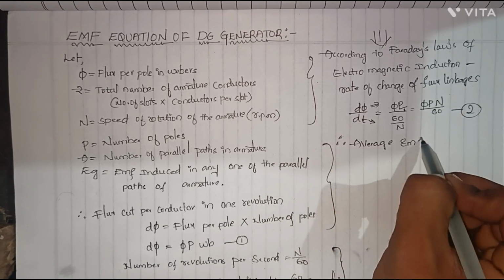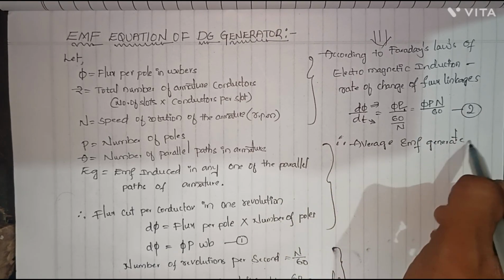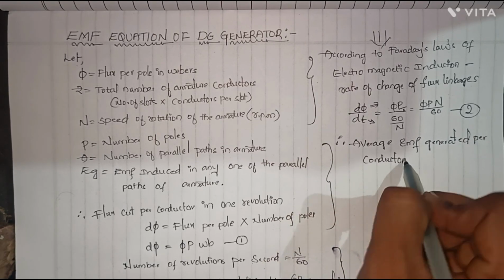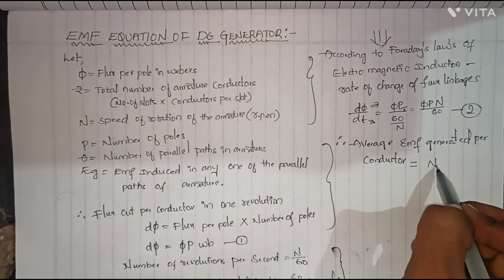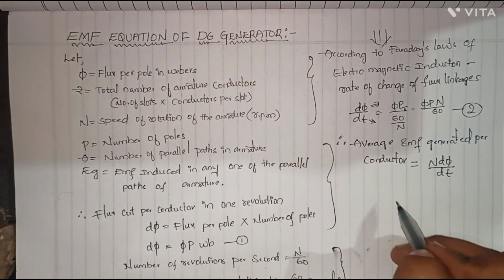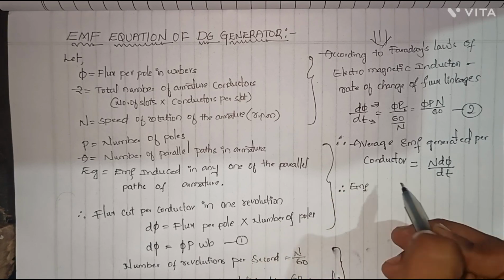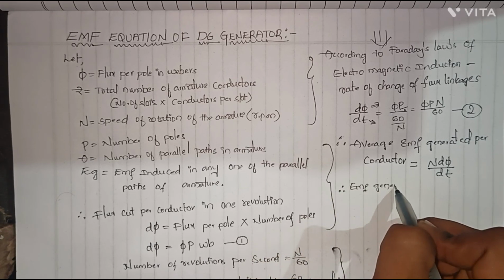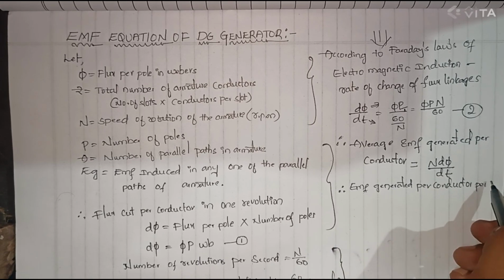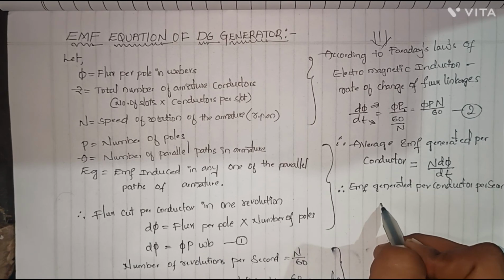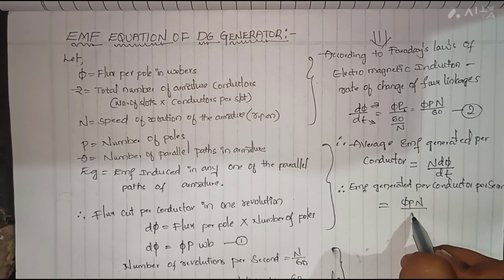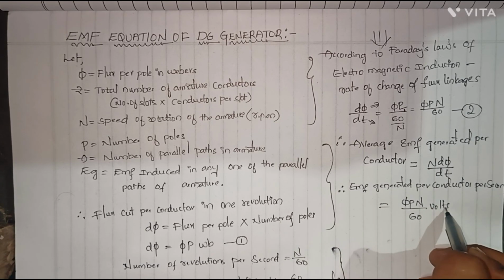Therefore, average EMF generated per conductor equals d phi by dt. Therefore, EMF generated per conductor is phi P N divided by 60 volts.